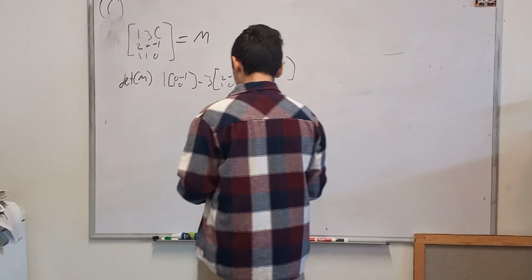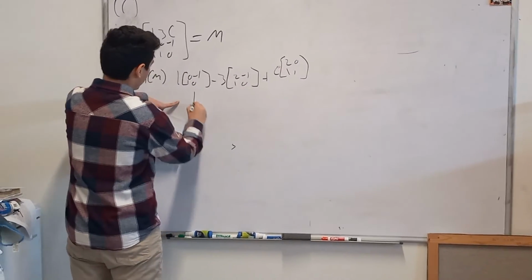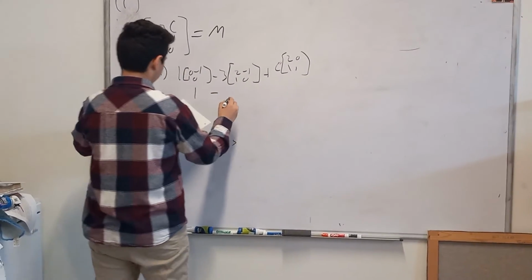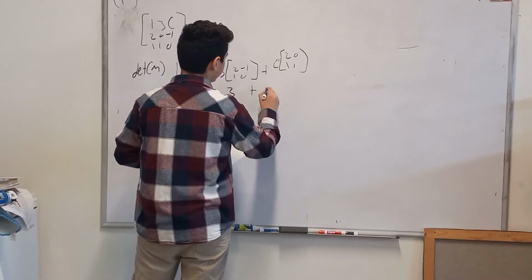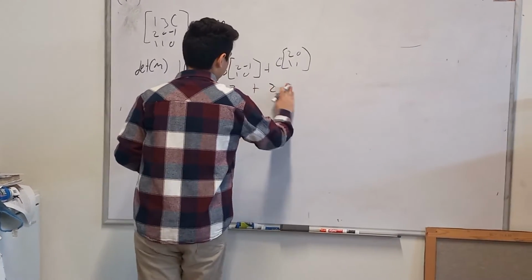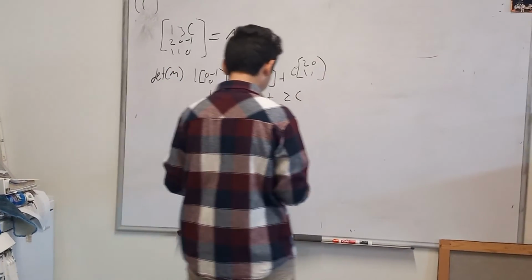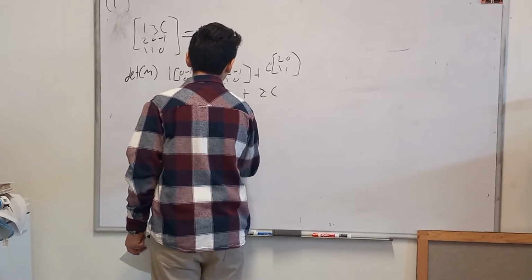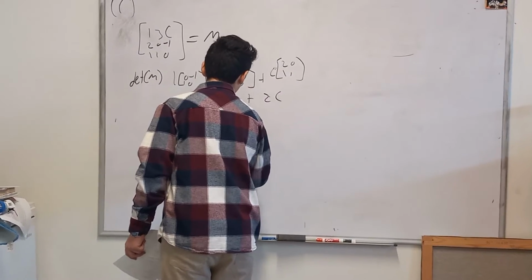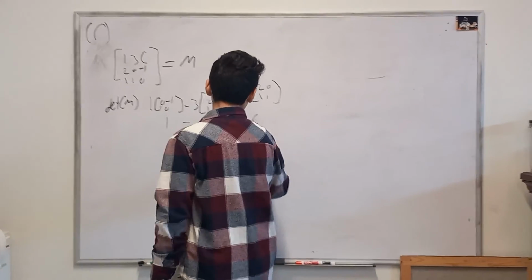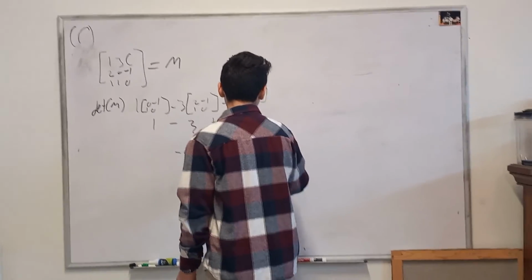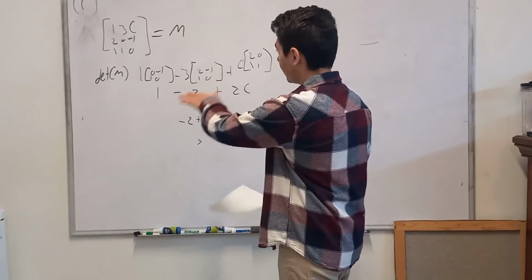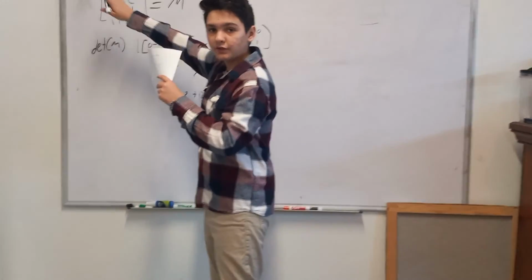The determinant of this is just 1 minus 3 plus 2C. So that gives us negative 2 plus 2C. We will get C is equal to 1. So when C is equal to 1, this matrix is invertible.